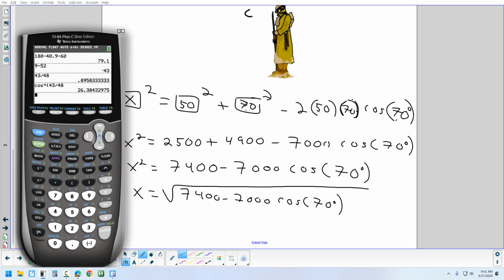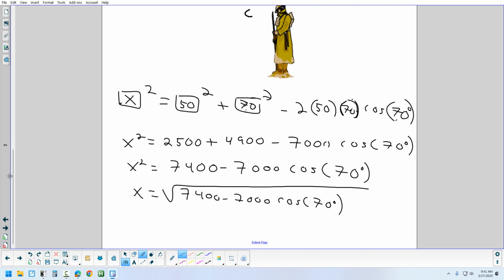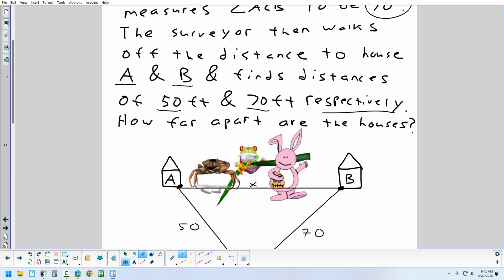Okay, so we've got square root of 7,400 minus 7,000 cosine 70. There was no rounding in that problem till the very end. So the distance between the two houses is 70.752, and I think it was measured in feet.